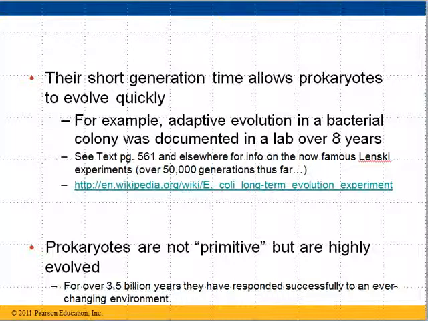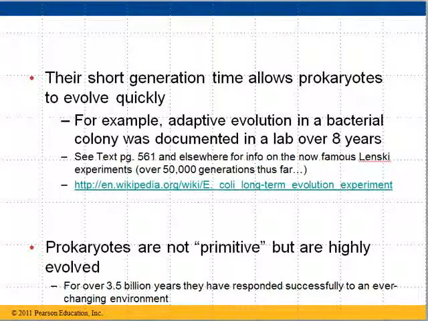Last thing to keep in mind about these prokaryotes as far as their short generation time and their reproductive cycle is because they have such a short generation time, they can reproduce so quickly that allows them to evolve very quickly. For example, adaptive evolution in a bacterial colony has been documented in the lab over just an 8-year period. There's a very well-known set of experiments that has been going on now for quite some time, probably 8, 10, 12 years now, by Dr. Lenski.